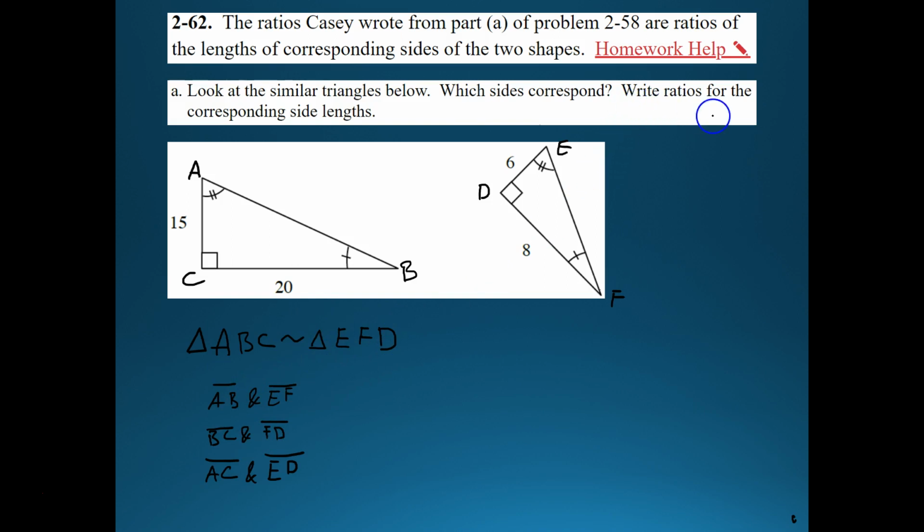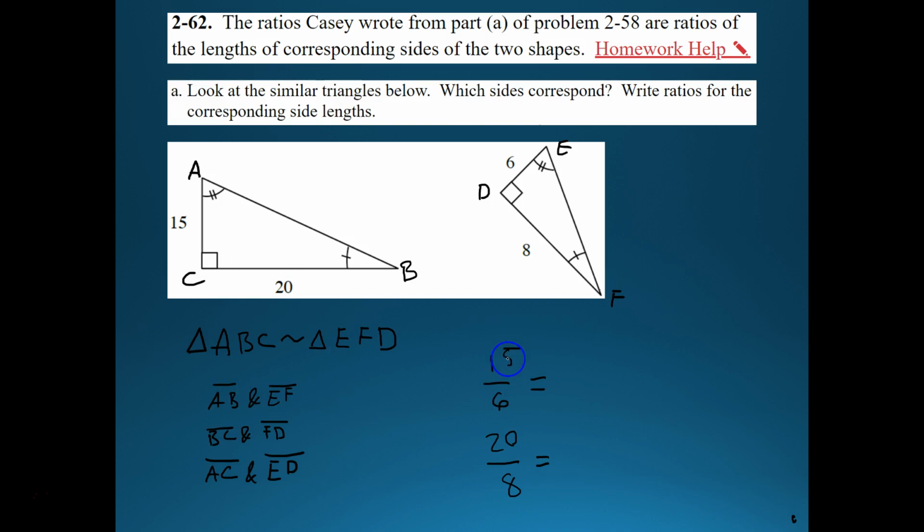Next we want to write the ratios for the corresponding side lengths. We know that this corresponds to that, so we can say 15/6 is one of them, from triangle ABC to triangle DEF. Then we can also say this side corresponds to that side, so 20/8. Now, if these are similar triangles, then these will reduce to the exact same thing.